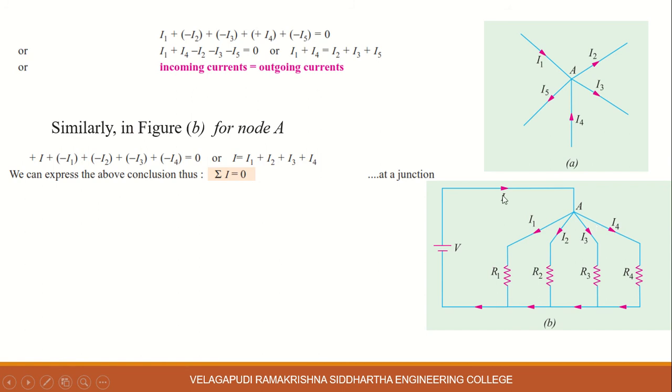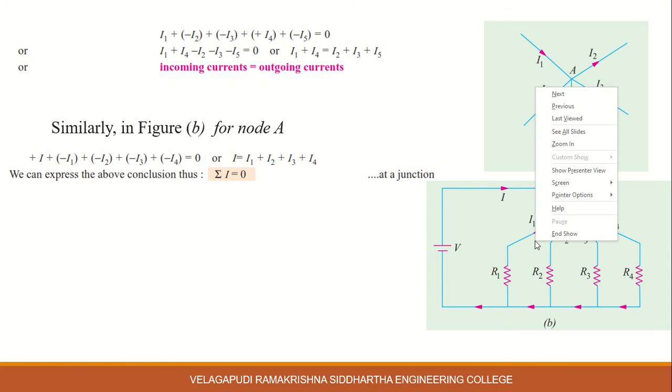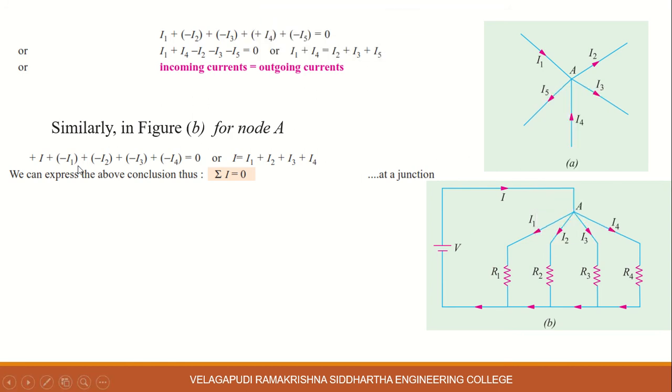Entering current is positive and leaving currents are negative, so I minus I1 minus I2 minus I3 minus I4 equals 0, or entering current I equals the sum of leaving currents I1 plus I2 plus I3 plus I4.